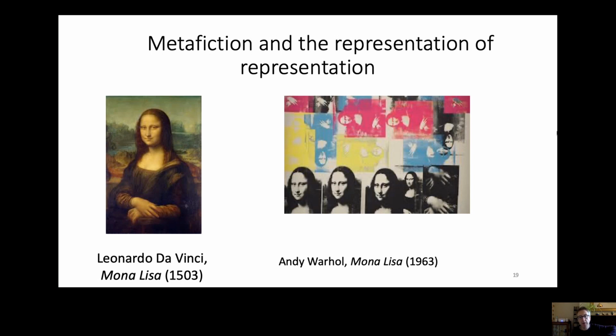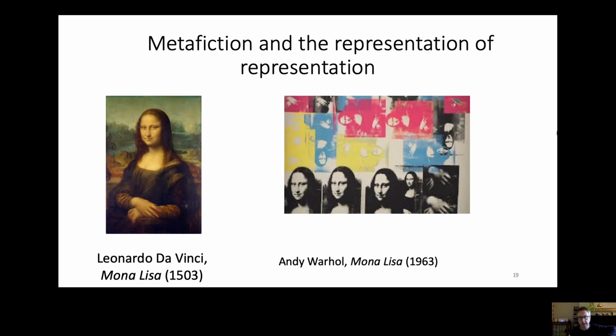What's the difference? I suppose the difference is the original Mona Lisa is a painting of a woman, whereas Andy Warhol's Mona Lisa is a painting of a painting of a woman. So Leonardo da Vinci in his painting is trying to represent a human being, is trying to represent reality, whereas Warhol is trying to represent a representation of reality.